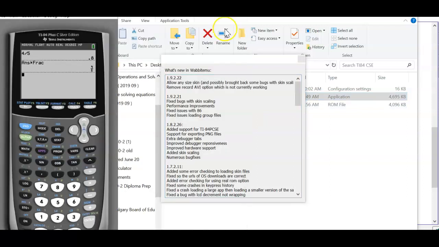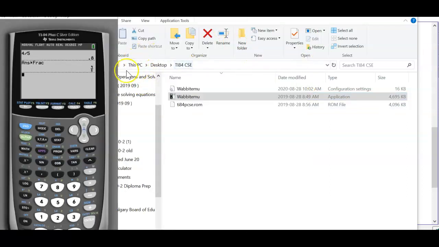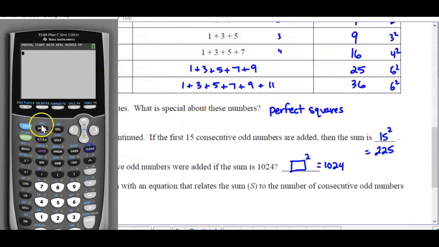It's not something that you might know by heart. Hopefully, once we do roots and powers, you probably will. We'll go square root of 1024. So that's 32. 32 odd numbers.